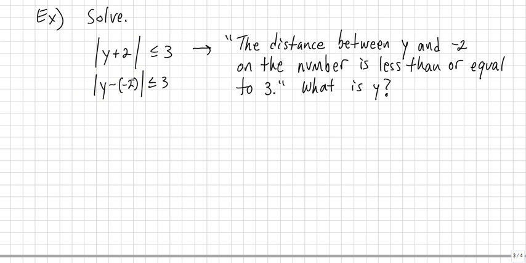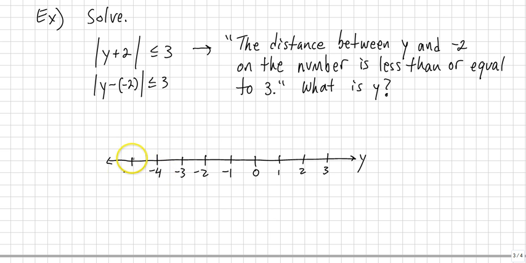Well, let's see if we can figure that out. Let's draw a number line. So here's every single y value. If this is 0, we'll have 1, 2, 3, -1, -2, -3, -4, -5. Alright, so let's start with -2.